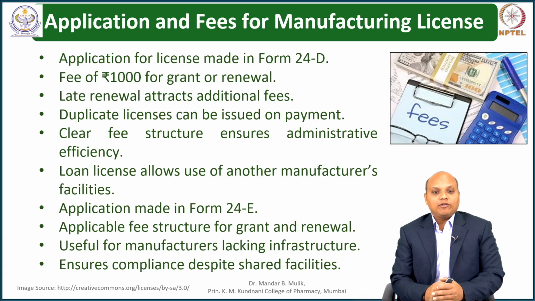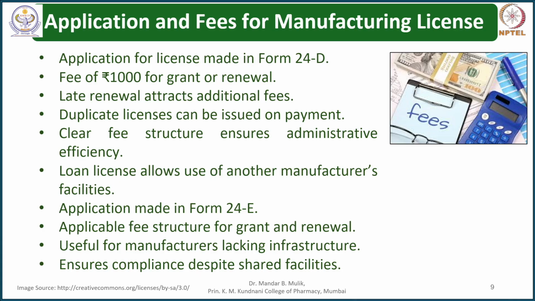It is useful for manufacturers lacking infrastructure. Such a license helps a small scale manufacturer to produce on a large scale. If they lack the infrastructural requirement for a product, they can take a loan license for such a facility, but for that they need to register their premises for loan licensing. Ensure compliance despite shared facility.